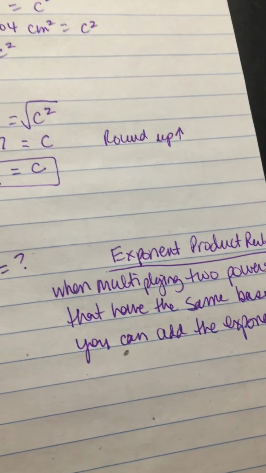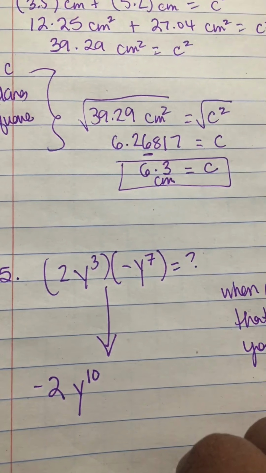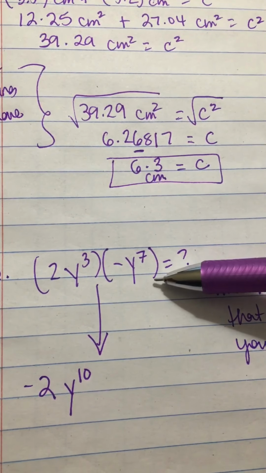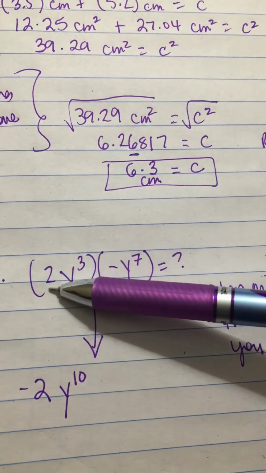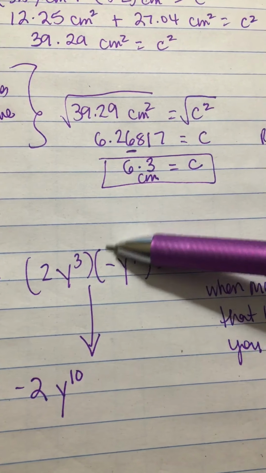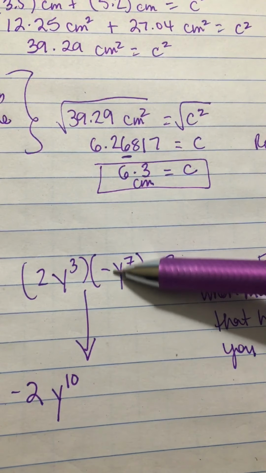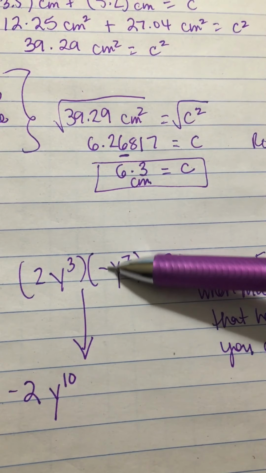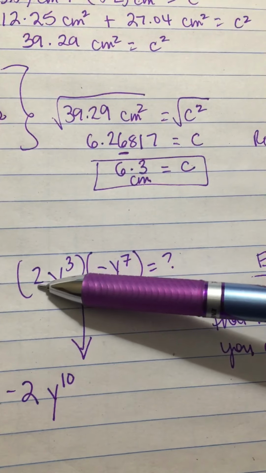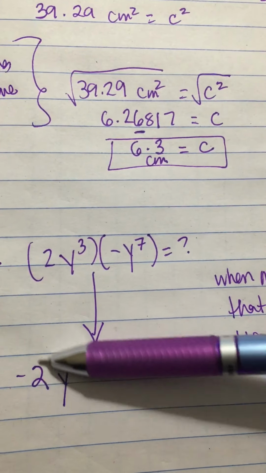So we have two powers. Do they have the same base? Yes. So we're going to multiply the coefficients. I have 2, and I have a negative, which is understood as negative 1. So 2 times negative 1 is going to give me the answer of negative 2.